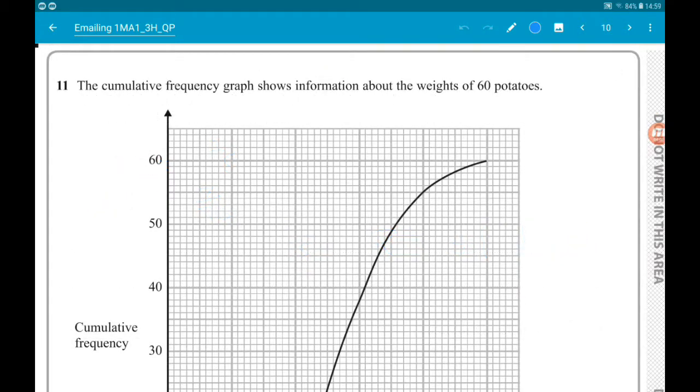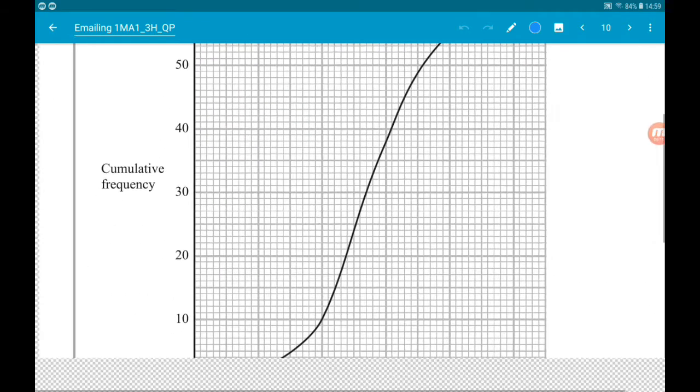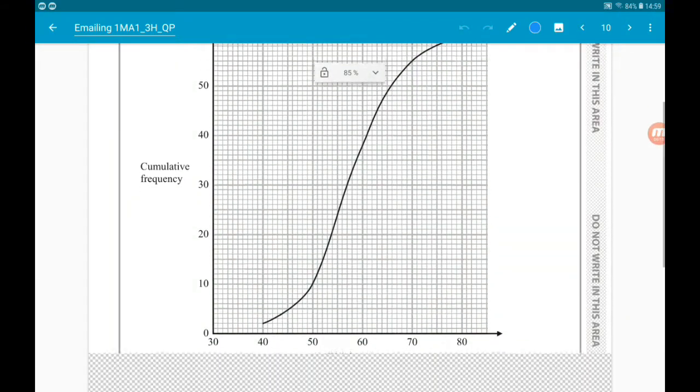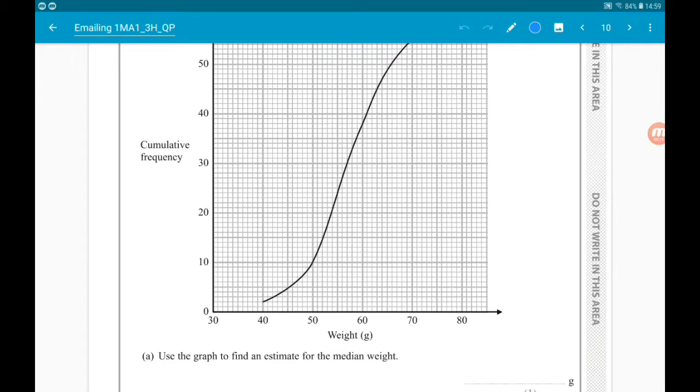Okay, number 11. The cumulative frequency graph shows information about the weights of 60 potatoes. So we got the cumulative frequency at the side, the weight of potatoes along the bottom. Part A wants us to use the graph to find an estimate for the median weight.